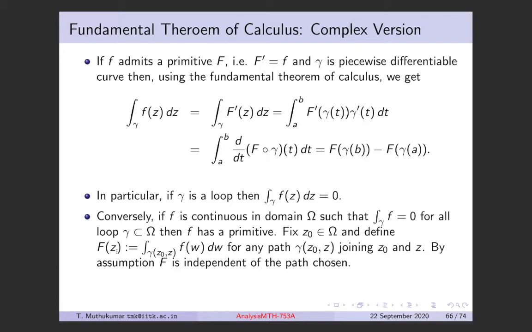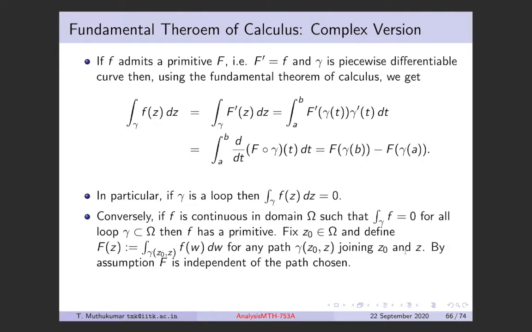Now there is more than one possibility of doing this, right? There are many curves which will join z0 to z, but that's fine. You take any path, any curve joining z0 to z. So the value of F at z is nothing but the integral of little f over that curve, for any path joining z0 and z.